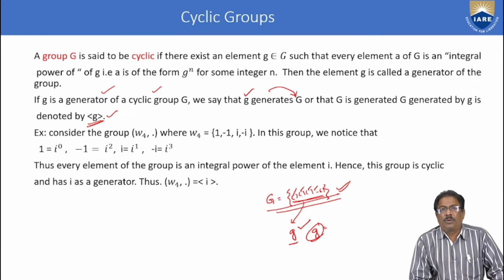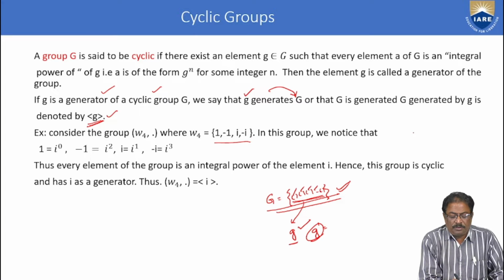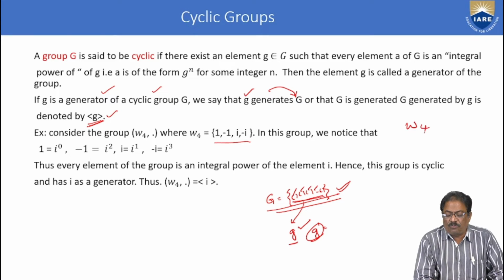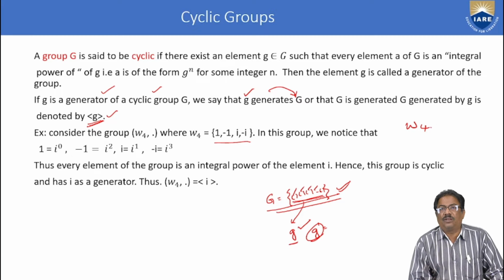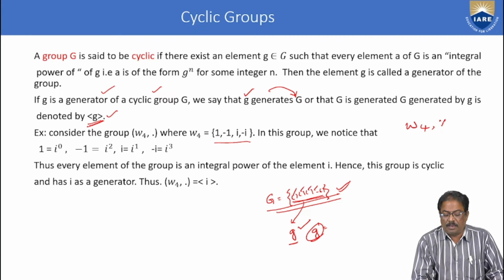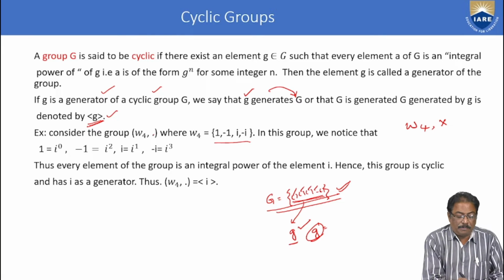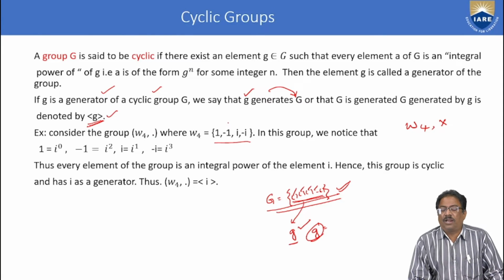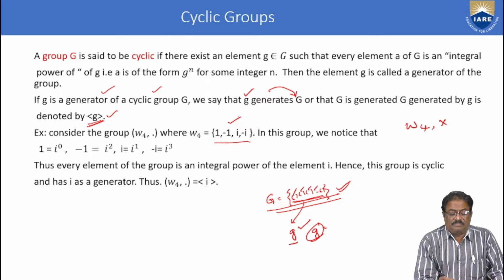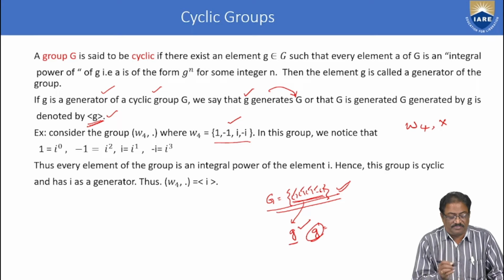Let us consider one example. See here, W4 is a group under the binary operation, let us say multiplication. Now I am going to consider any one element from this set.